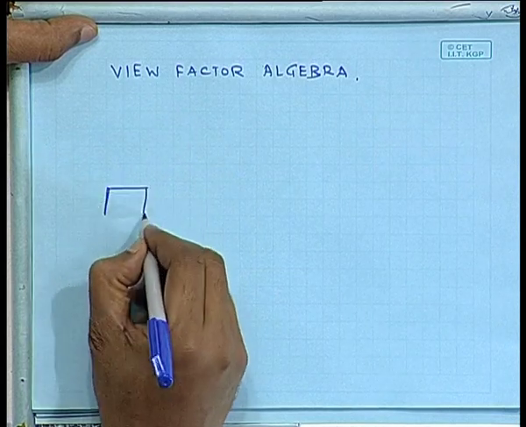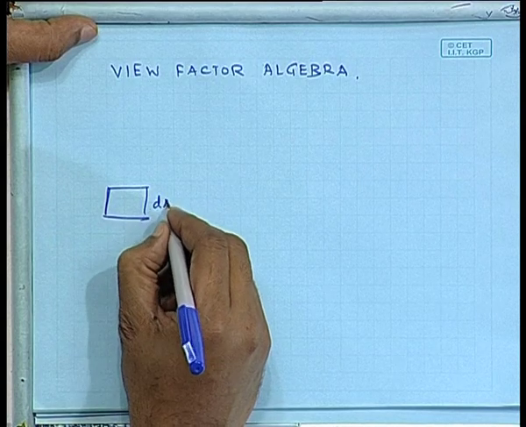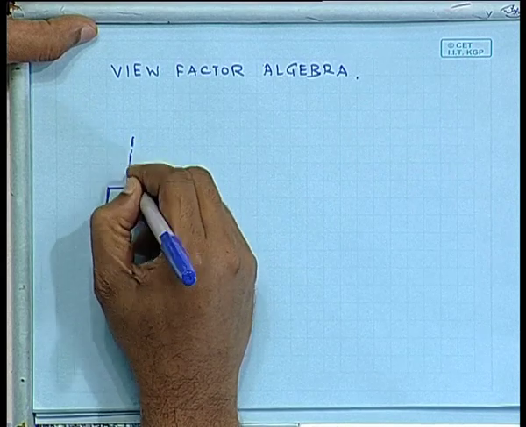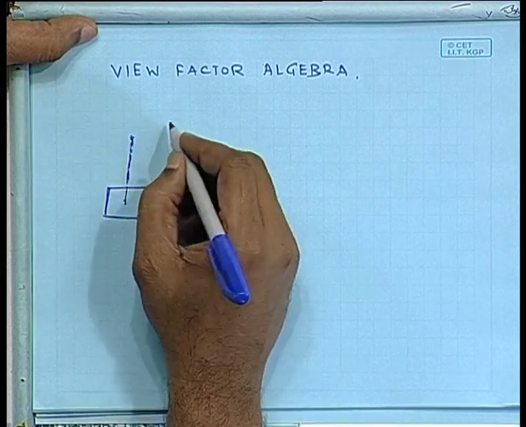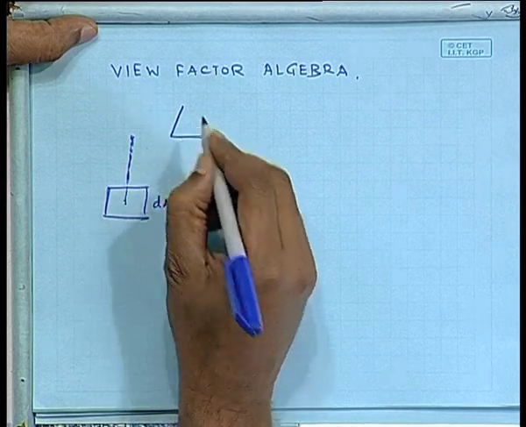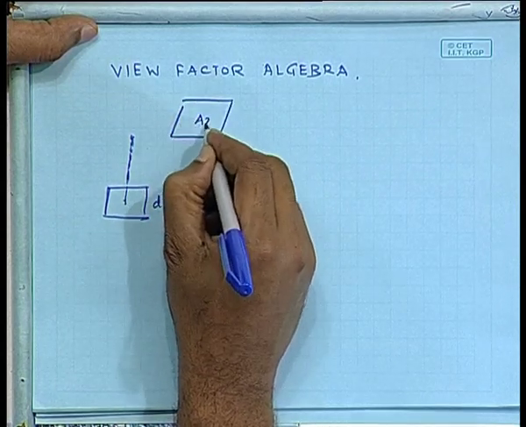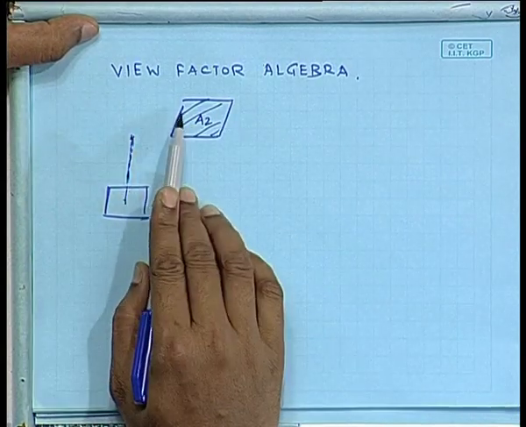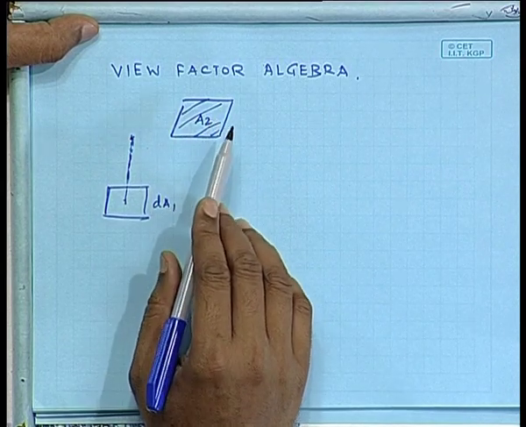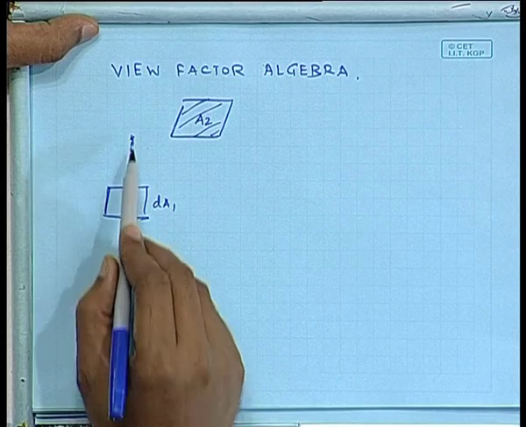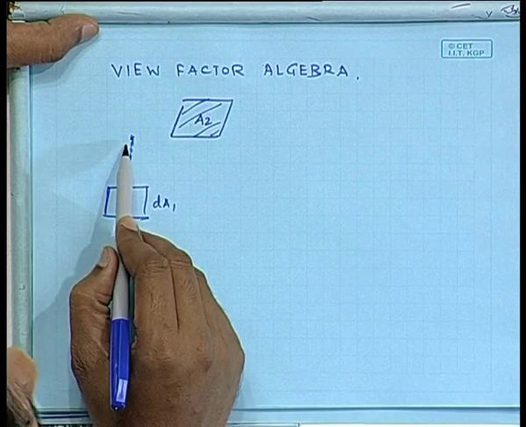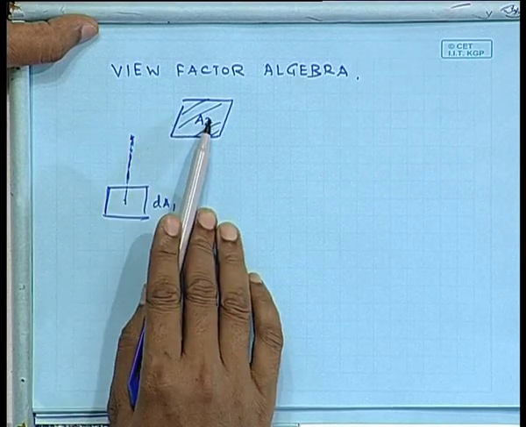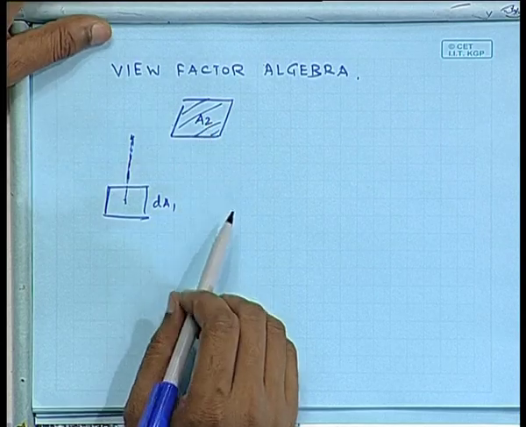Let us say I have a surface which is dA1, and directly on top of it, this is the line directly on top of dA1, but there sits another area A2, which as we have seen is not on top of this, but is slightly offset. Okay. I know from the chart what the view factor is if an area is directly sitting on top of this one, but this is not sitting directly on top of it, it is offset by a certain amount.